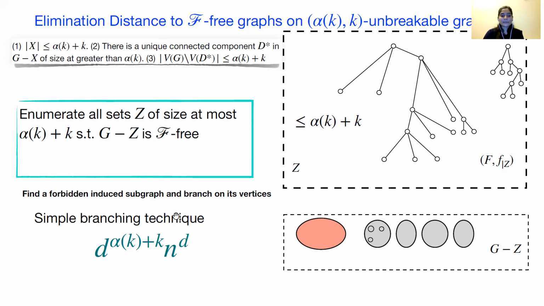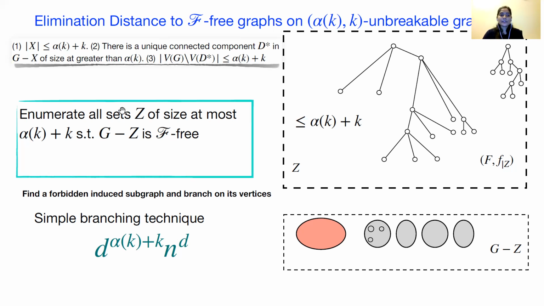So by a similar branching technique, we can enumerate all the modulators to F-free graphs. We can find a forbidden induced subgraph and branch on its vertices. Suppose the largest graph size in F is t, then we can obtain a branching algorithm with some FPT running time in t, alpha k and k.